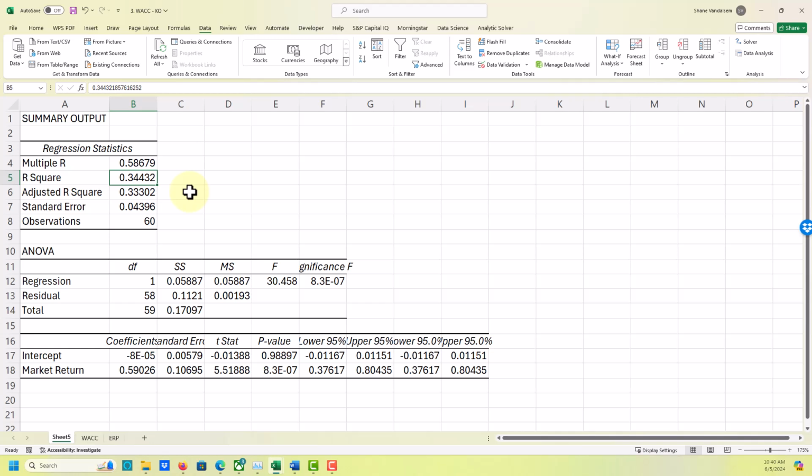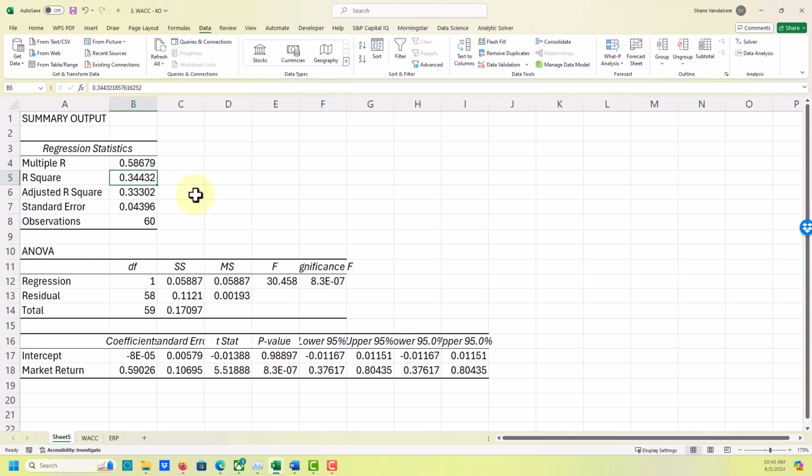That means about a third of the variation of the returns for Coca-Cola are explained by the market model, which might seem a little bit low, but it's pretty normal for an individual stock. The capital asset pricing model does a very good job of explaining the returns of diversified portfolios and does an okay job, or so-so job, of explaining the returns for individual stocks.